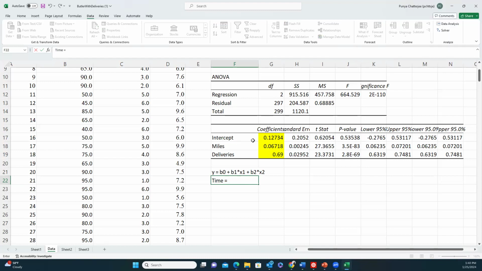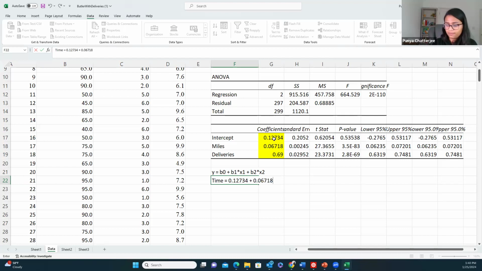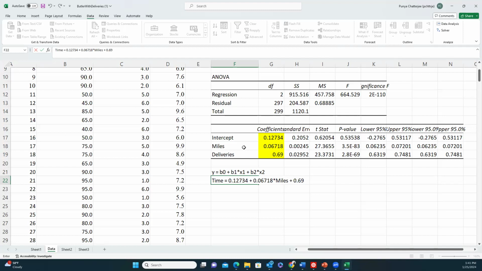The intercept, 0.12734, then plus 0.06718 times x1, or do we have x1? Yes. So your x1 is miles, right? Oh, right. b1 corresponds to x1. So that's going to be miles. Then plus 0.69 times deliveries. Right. Very good. Thank you.